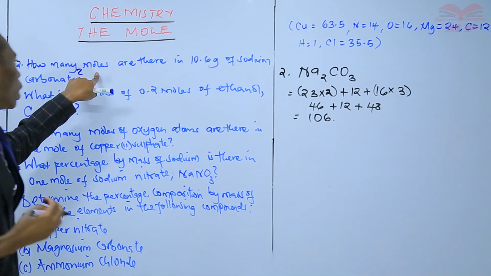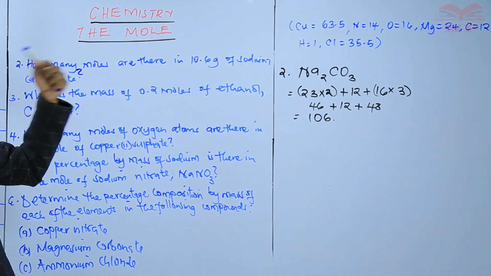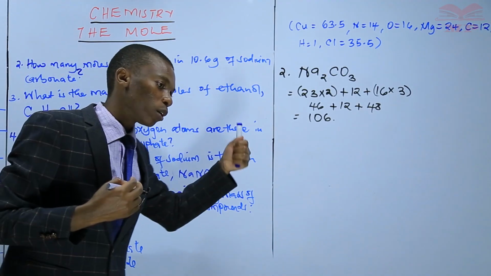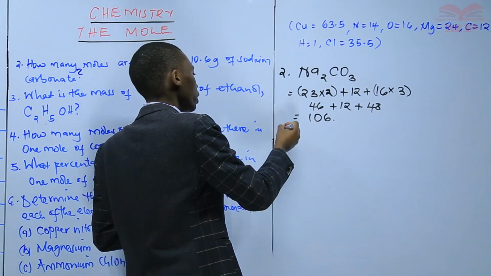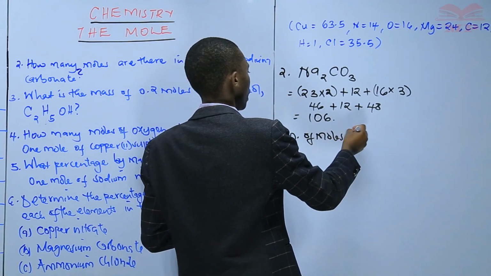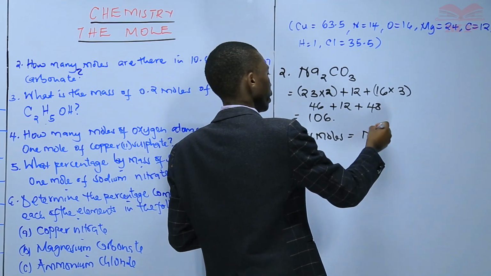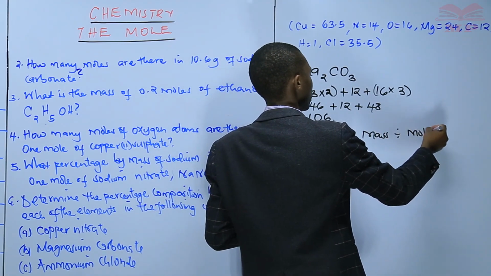Then in this case, we are calculating the number of moles. Remember again, when we are doing the relationship between the moles, the mass, and the molar mass, we said that the number of moles is given by the mass divided by the molar mass.